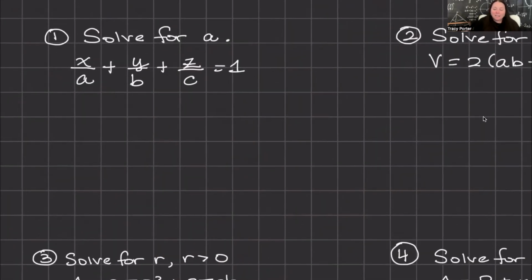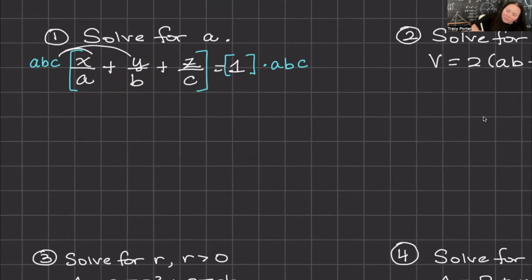So this is an example where you have fractions. And my favorite way to deal with equations that have fractions is to eliminate them. So we're going to multiply both sides by the least common denominator, which would be A times B times C. And so we're going to multiply each term.